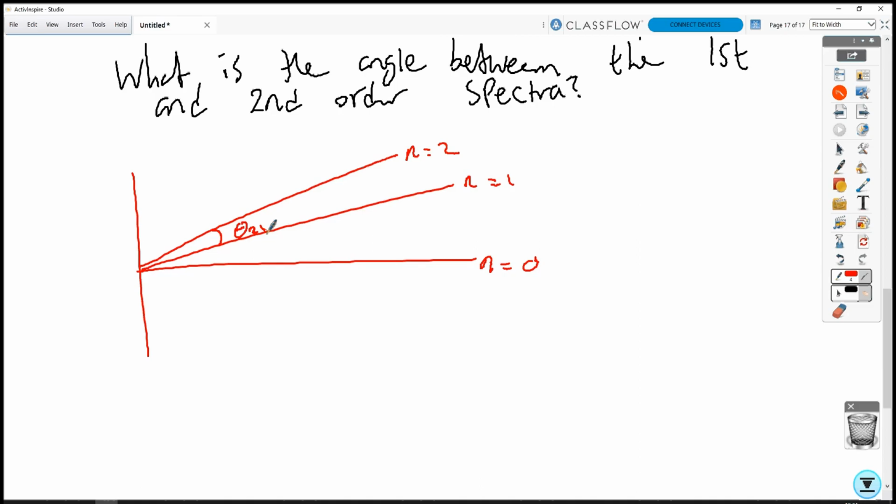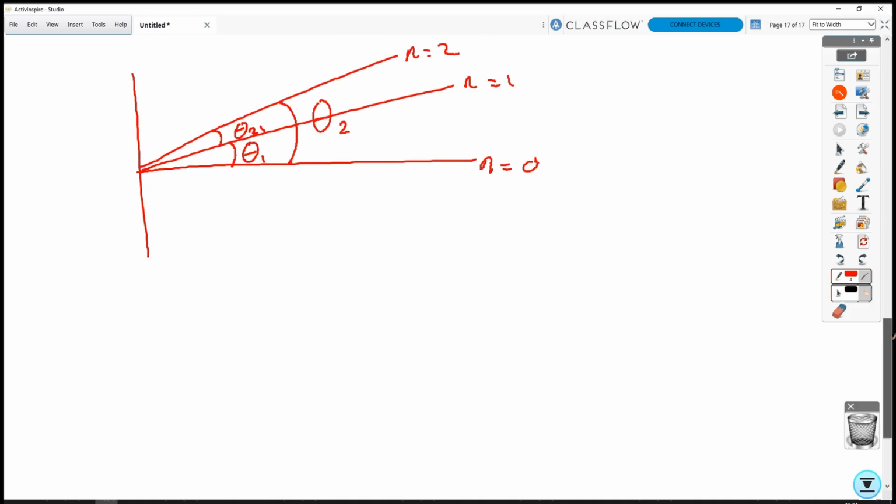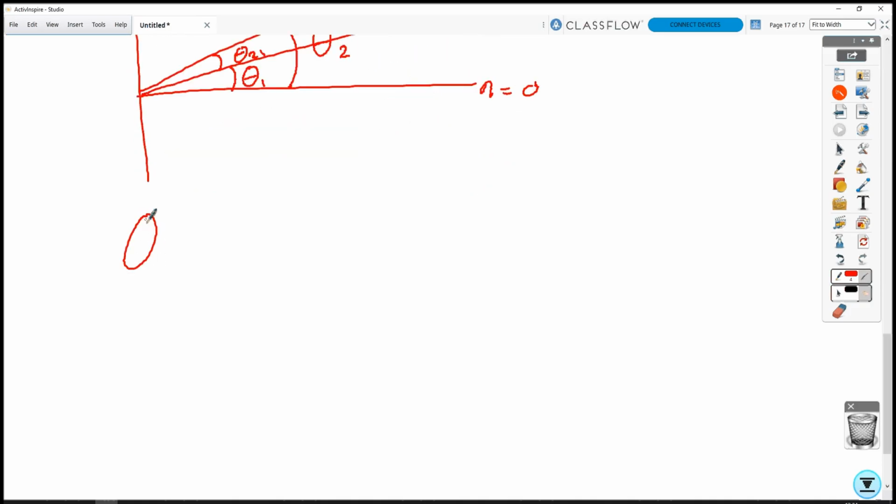Now to get theta 2,1, we need to work out two other angles. First, we'll work out theta 2, which is this large one here, which is the angle to the second order, and the angle to the first order, which we'll call theta 1. So what we need to do is theta 2 minus theta 1, and that will give us theta 2,1.